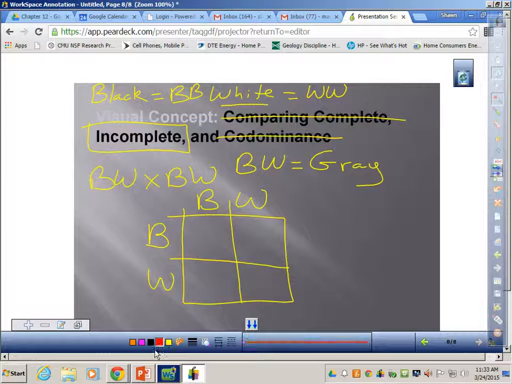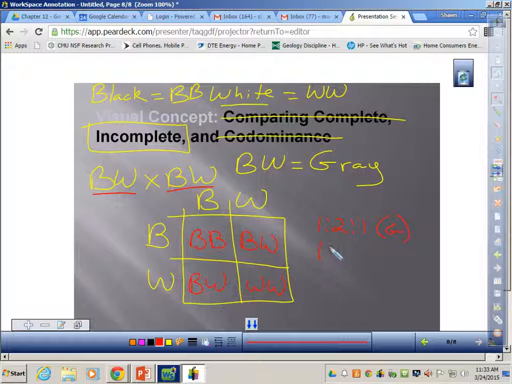Okay, so this time when I bring these together, I do have 3 different genotypes. I also have 3 different phenotypes. I see a 1 to 2 to 1 genotypic ratio, as I would expect when both parents are heterozygous. Here's the kicker.